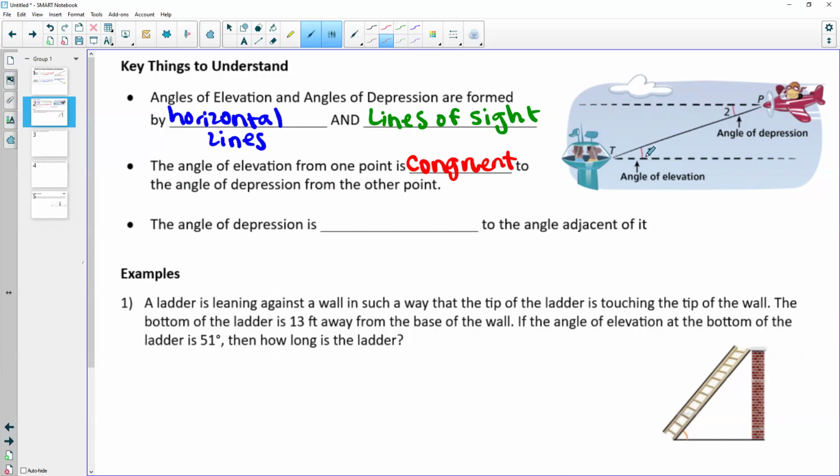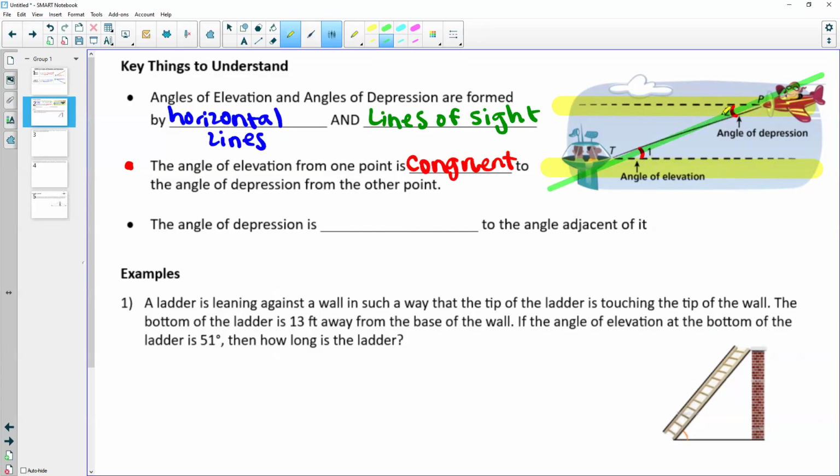So, take a look at what we have here. This is basically what this second bullet point is saying. It's saying that this angle 1, the angle of elevation, will be congruent to the angle of depression from the opposite point. And the reason why we have this congruent relationship is because, take a look at these horizontal lines. What you'll notice is that this green line represents a transversal.